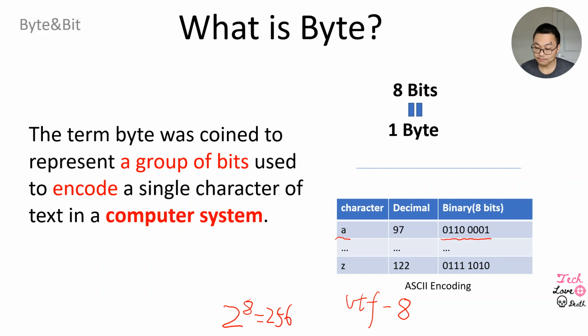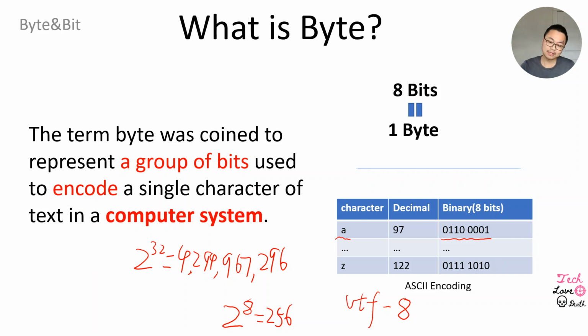So UTF-8 code can represent 2 to the power of 32 equals 4,294,967,296 characters. So it is more than enough to cover the characters in all languages of the world.